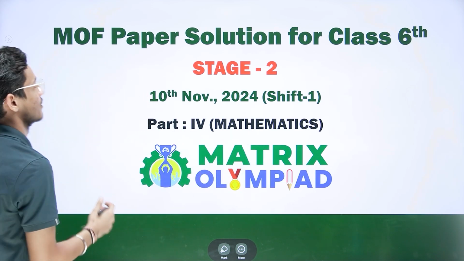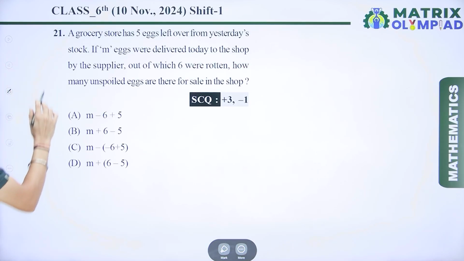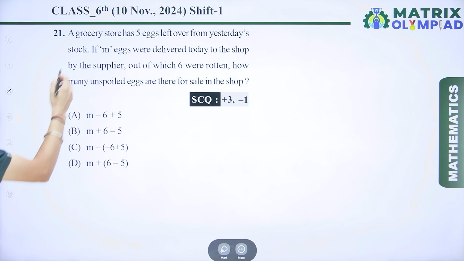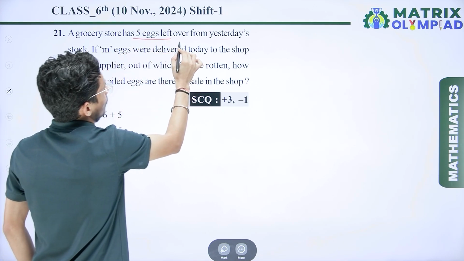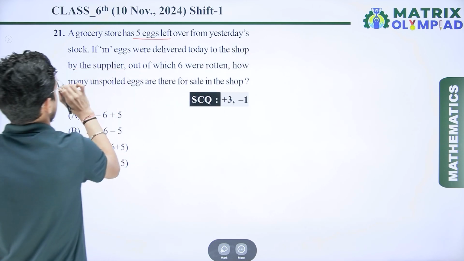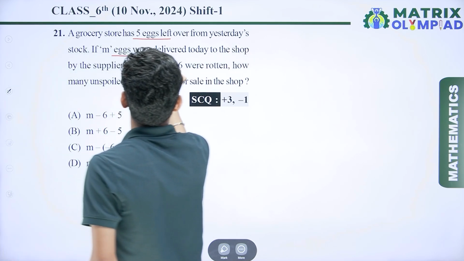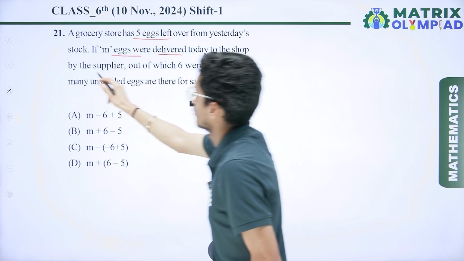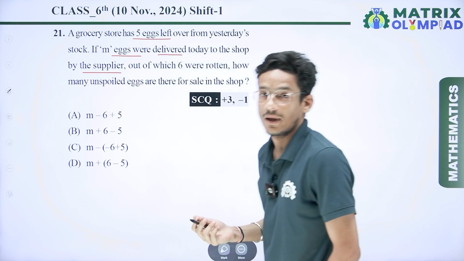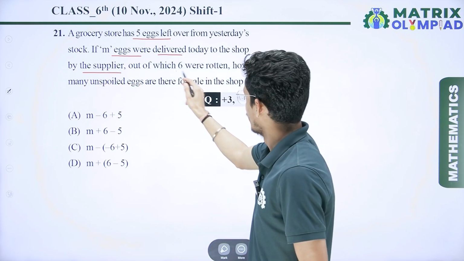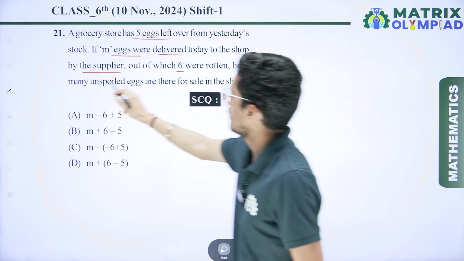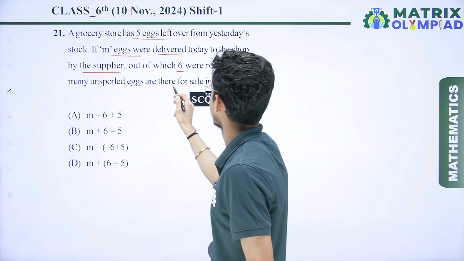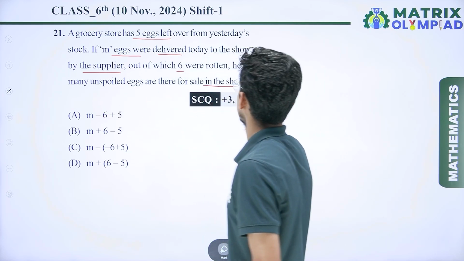So let's start. Here we have question number 21, that is, a grocery store has 5 eggs left over from yesterday's stock. If m eggs were delivered today to the shop by the supplier, out of which 6 were returned, how many unspoiled eggs are there for sale in the shop?